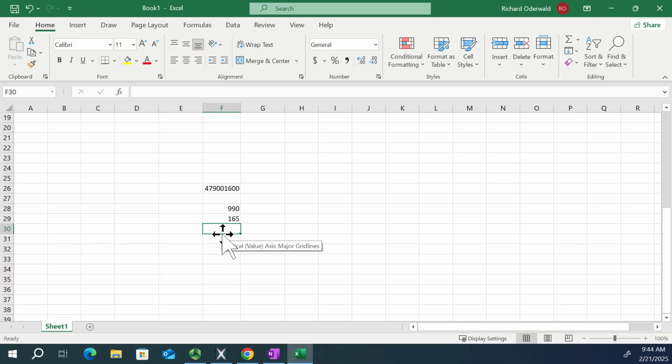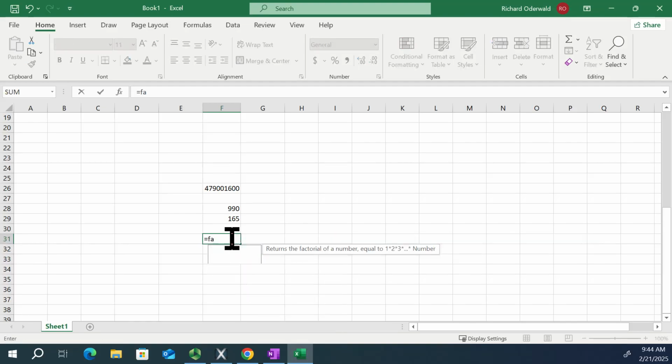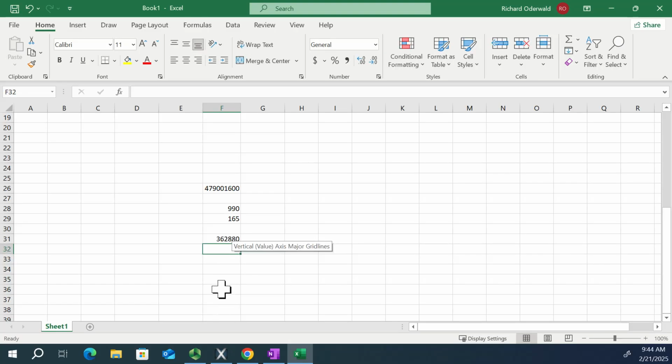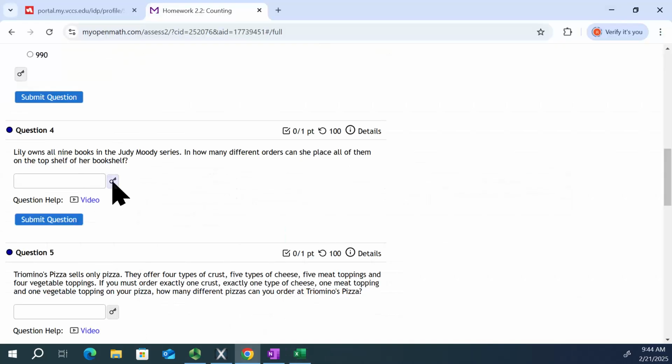So this is a factorial. Equals FACT 9. And I get 362880, you ought to have a similar number. And there's the answer.